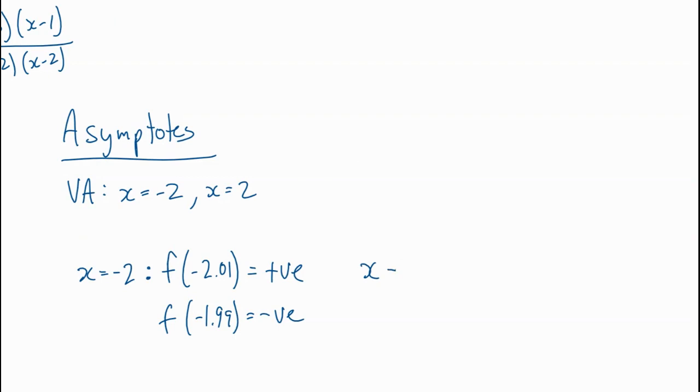That means as x approaches -2 from the left, y is going to positive infinity, and as x approaches -2 from the right, y is going to negative infinity.